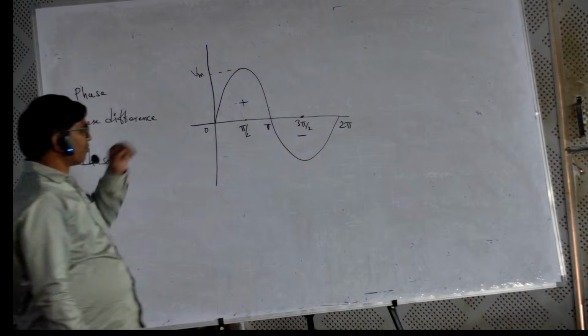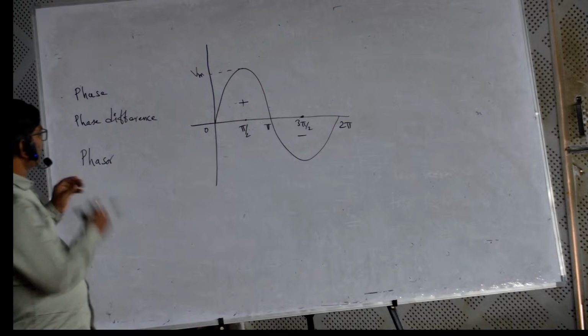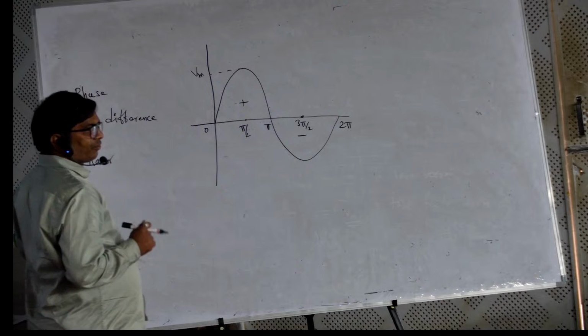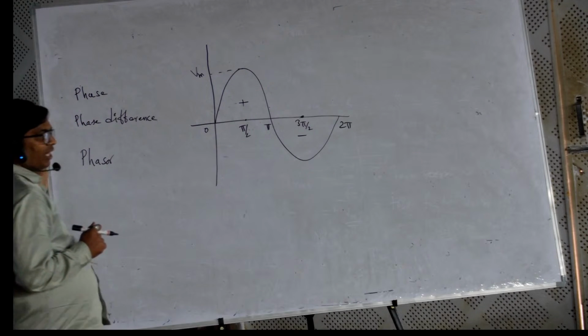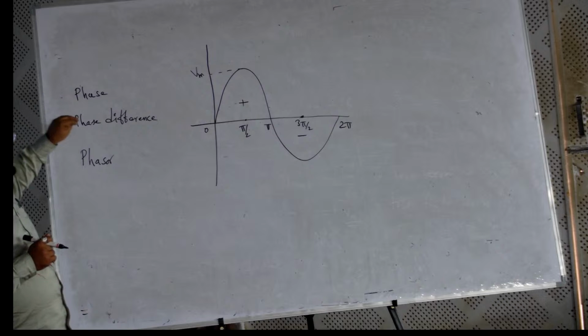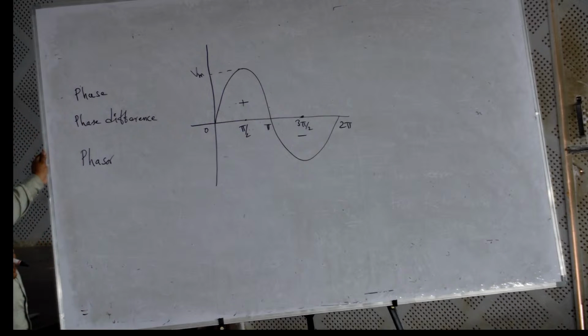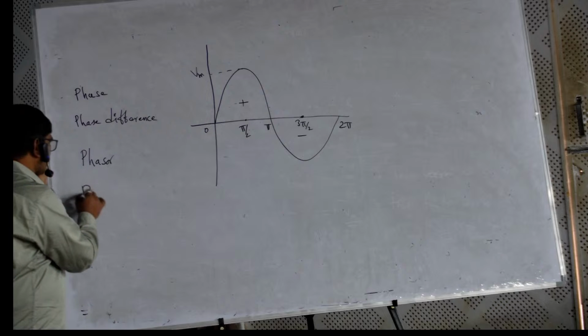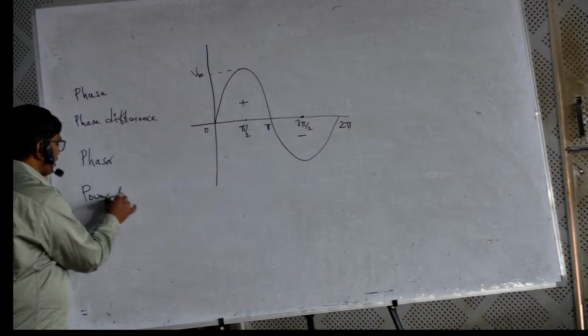Now, what is meant by phase? What is meant by phase difference? If you know phase, then we come to know about phase difference. And we will define one more term also, power factor.